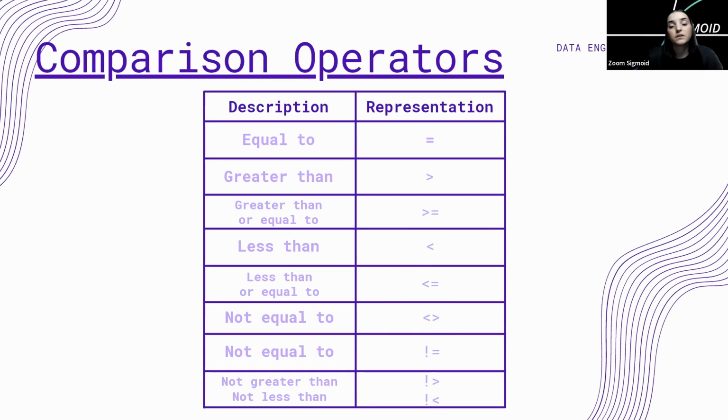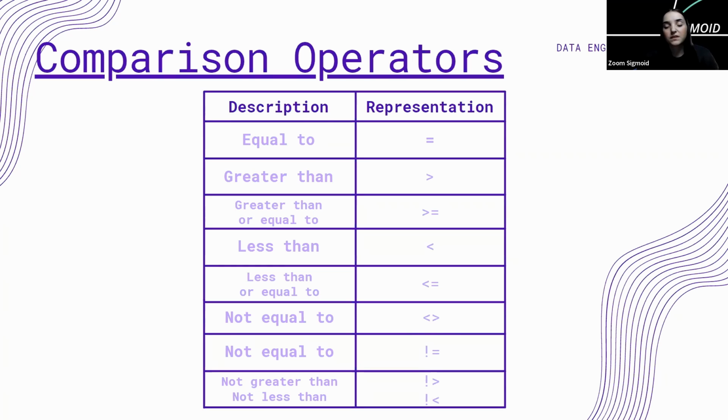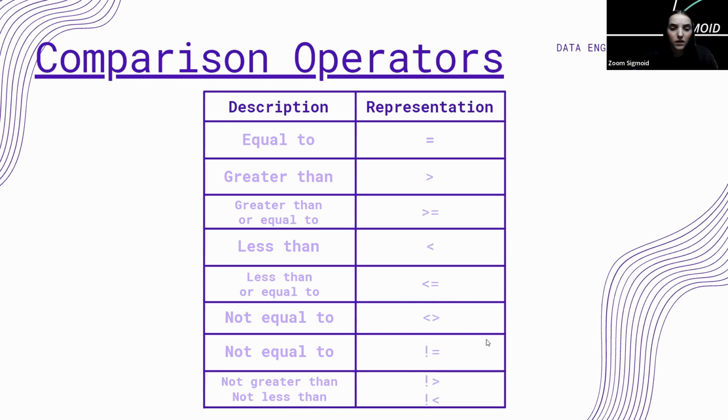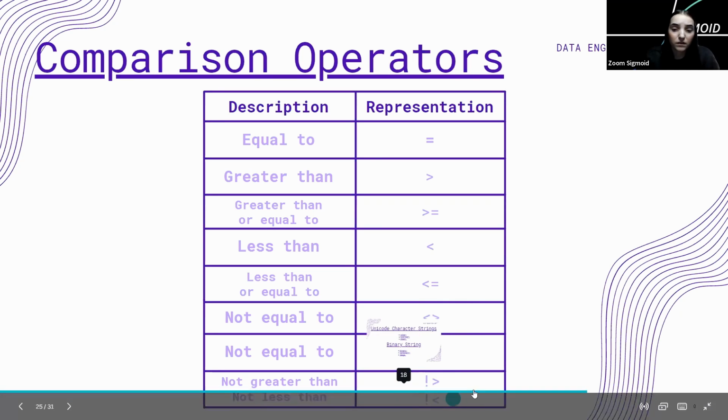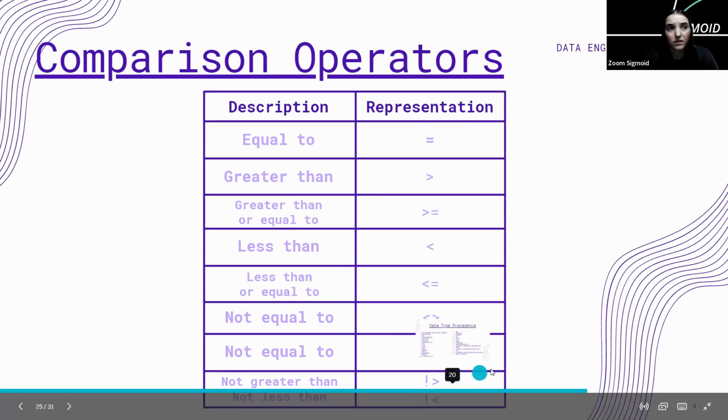The main difference is that one of them doesn't respect some standards, and more often the other one is used. But you can choose which one you would like to use. They both work. And we also have not greater than and not less than, which can be substituted with one of these.